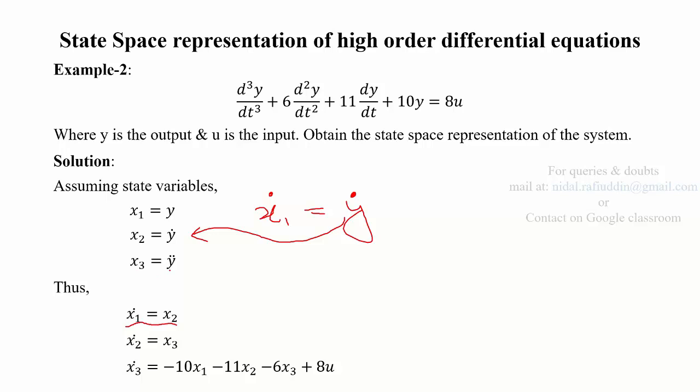And what is y triple dot? Y triple dot can be obtained from this equation. Since y triple dot plus 6 y double dot plus 11 y dot plus 10 y is equal to 8u, from this relation you get y triple dot.